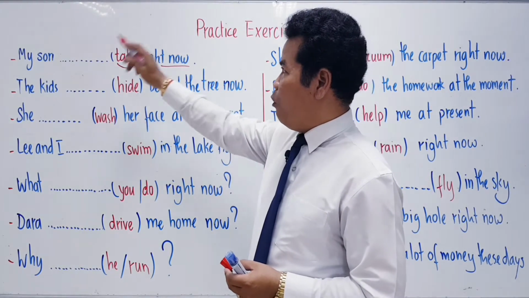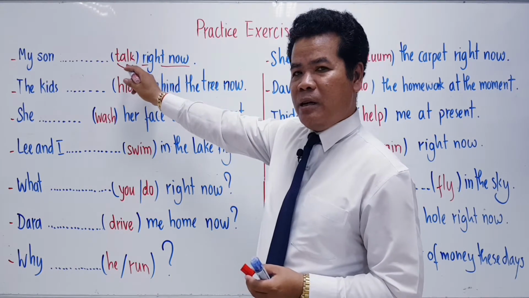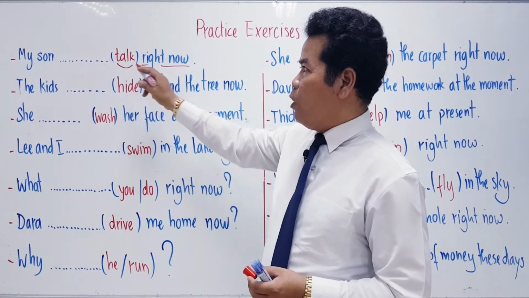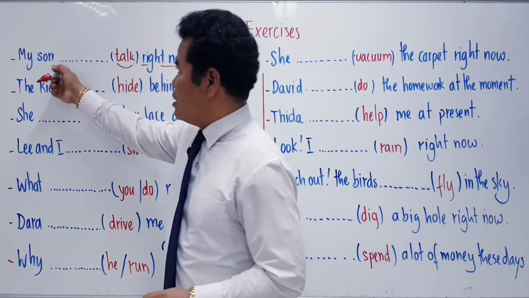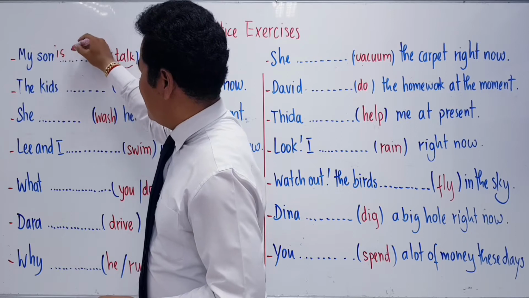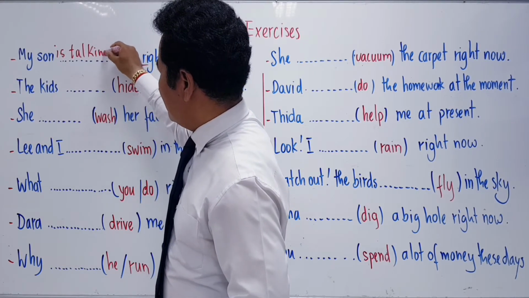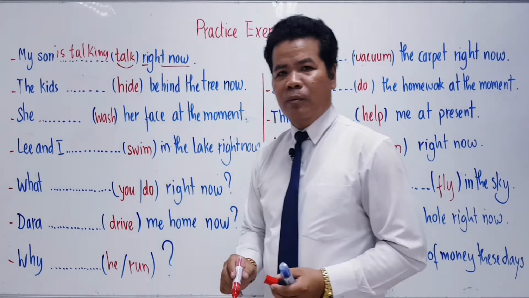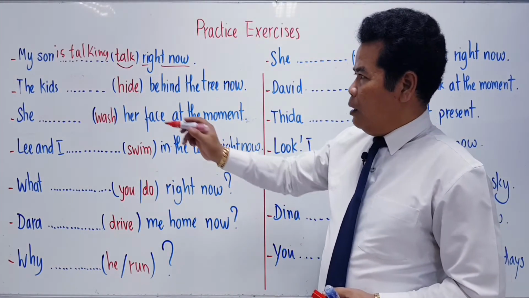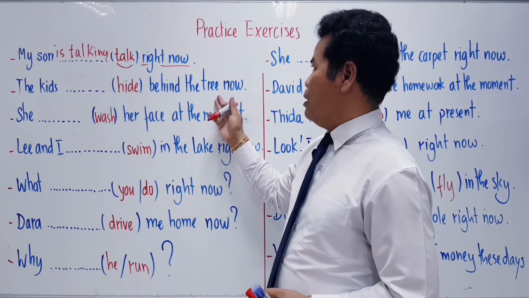So we can form the present progressive by using the verb talk inside the bracket. Alright? So what do we have now? My son is talking right now.